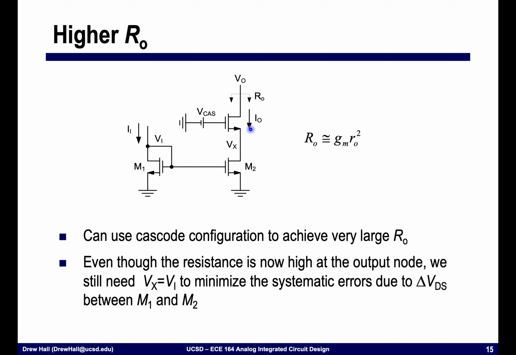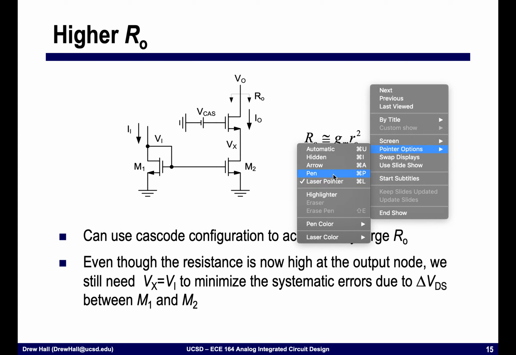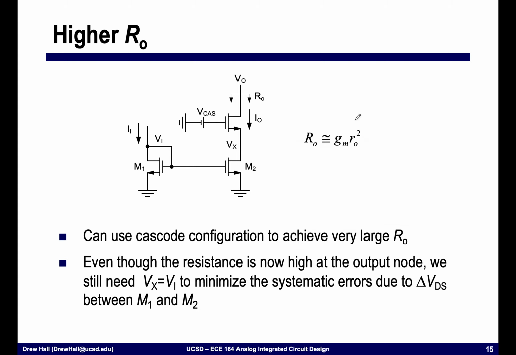Okay, and this cascode device, essentially what it does is it protects this node Vx. Okay, and this should be pretty obvious if you write out what the voltages are. And so in this particular example, Vx is going to be equal to Vcas minus VOV minus VT.